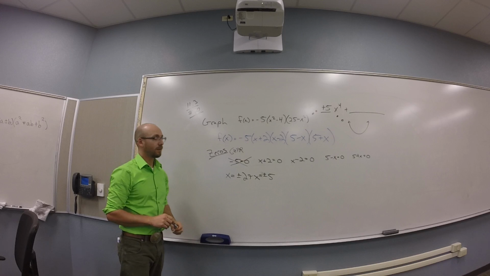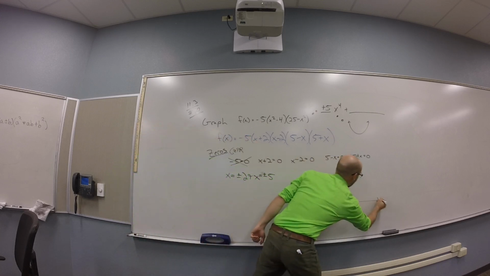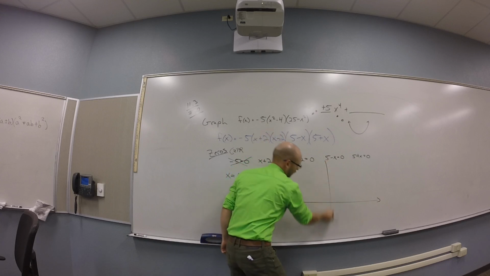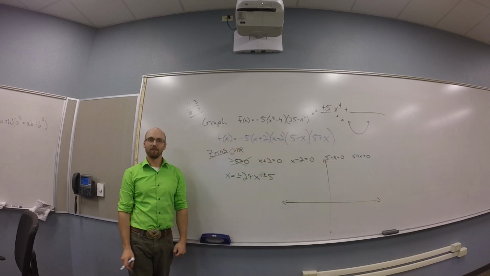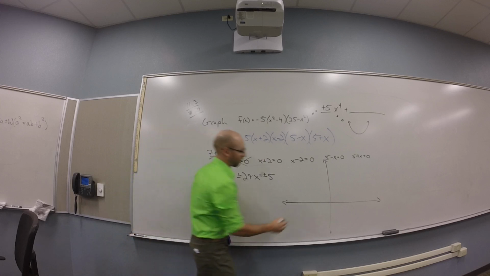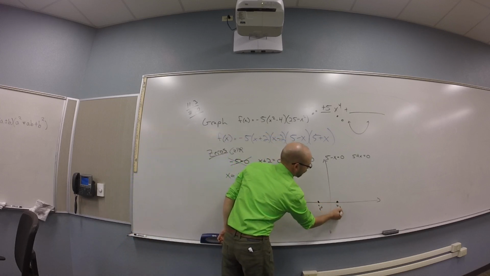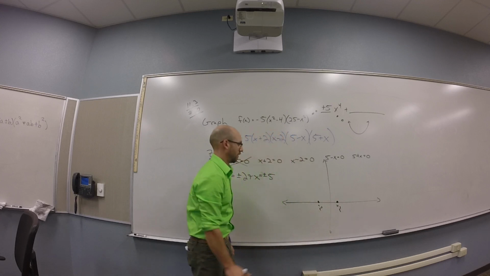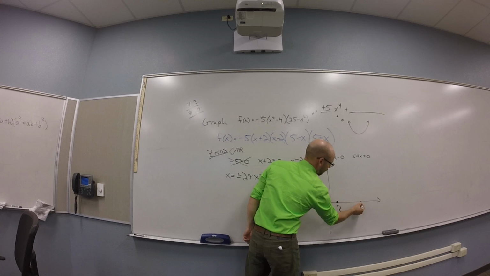Cool? Alright, so what do I actually know right now on my picture? Yeah, zeros. So let me put zeros. There's some at minus 2 and plus 2, and minus 5 and plus 5.